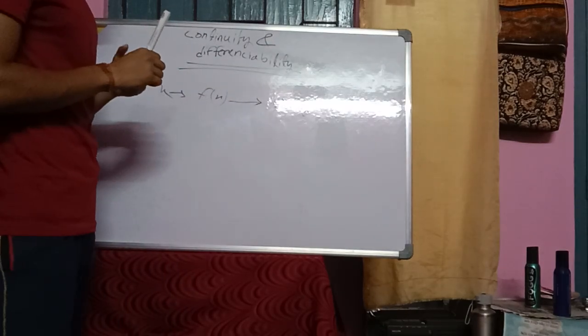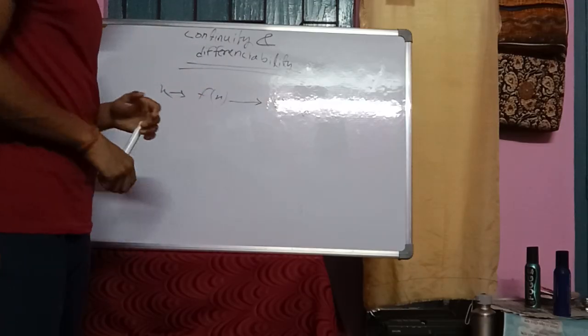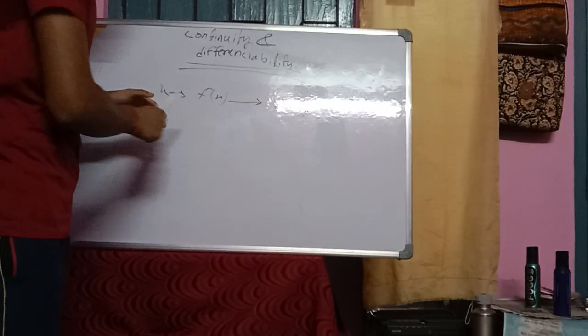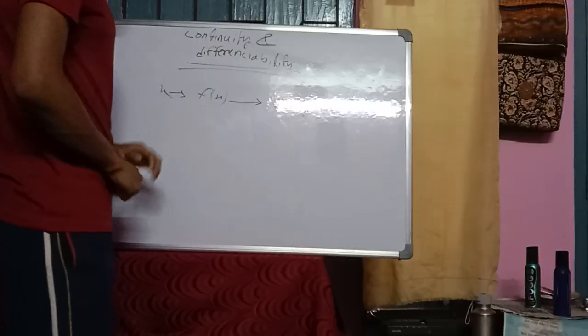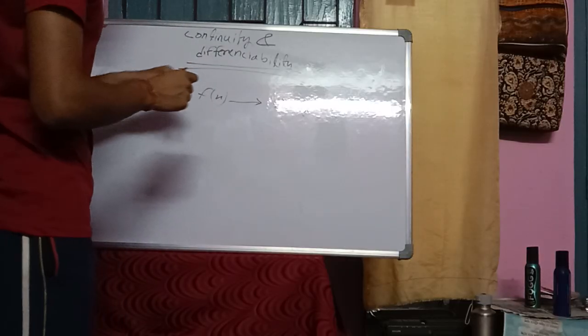This is what functions do. They take an input value, do something with it and then give us an output value. Just think of it as a machine. This is the machine, this is the raw material, and this is the output. This is basically the product that we manufacture using this function, using this machine.